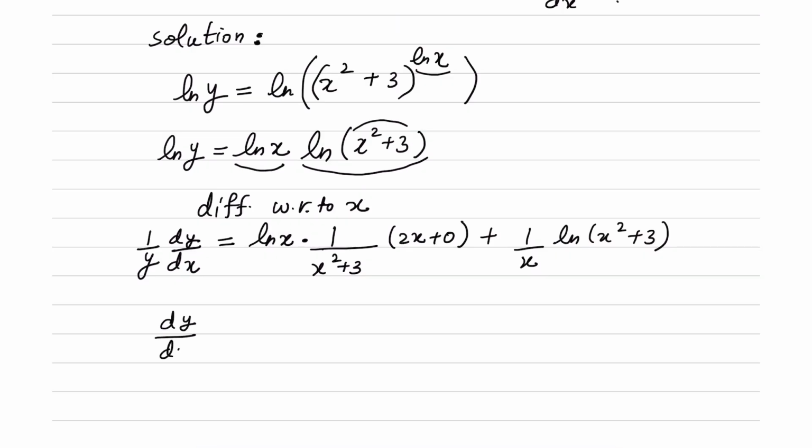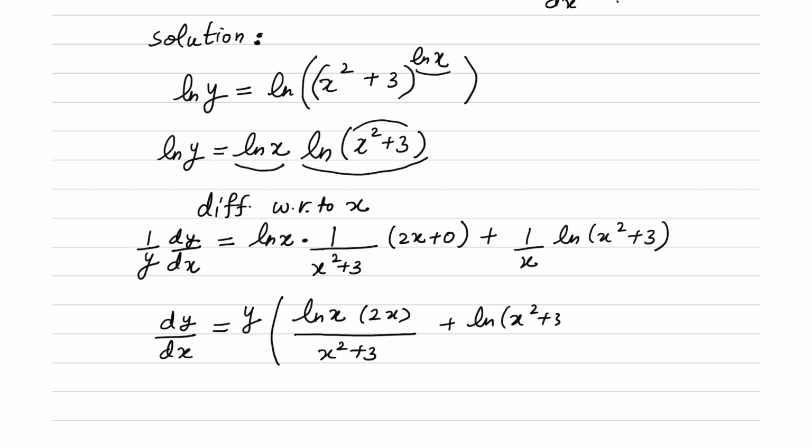We'll keep dy by dx here and bring y up, and then we have ln x into 2x divided by x square plus 3 plus ln of x square plus 3 divided by x.